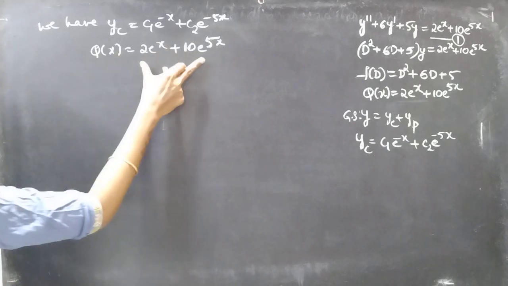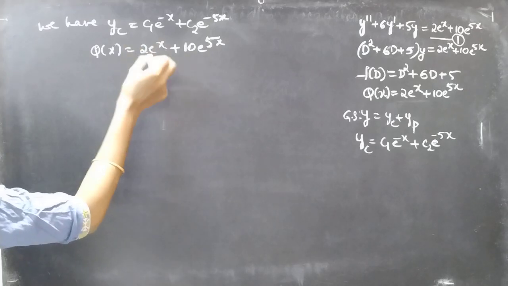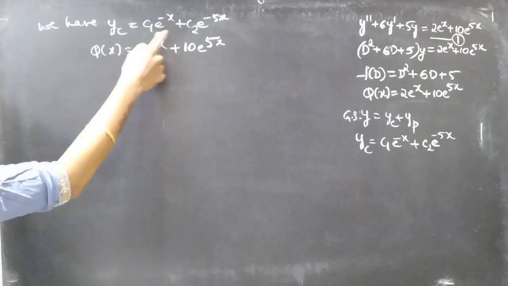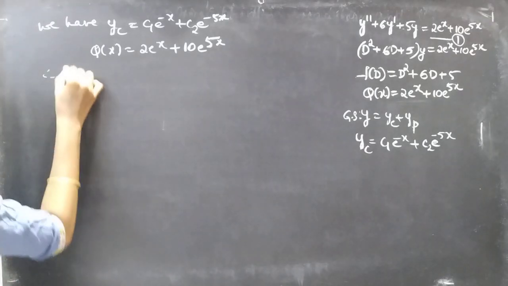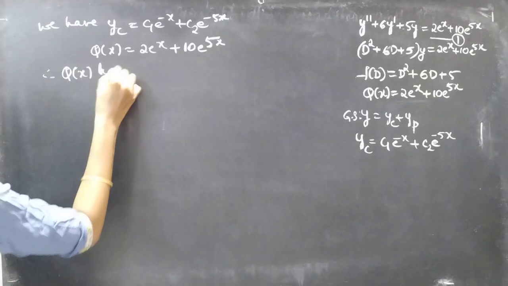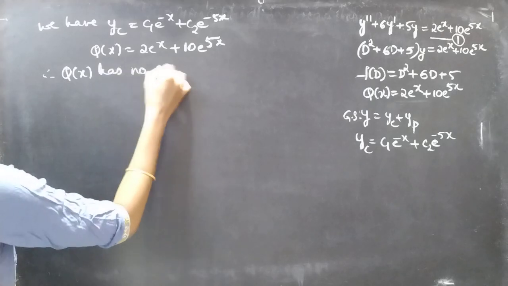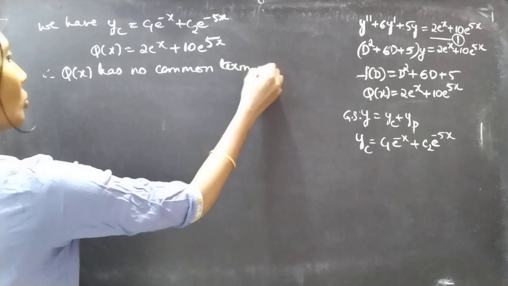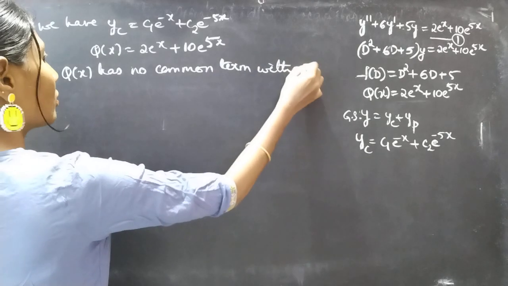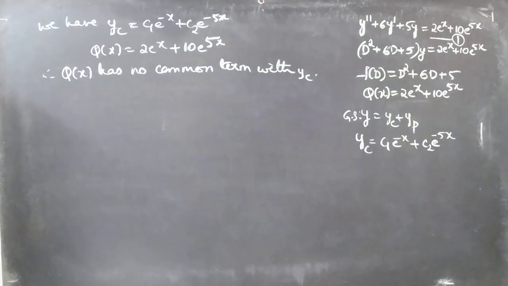That is, the terms of q of x have no common term with yc. Therefore, q of x has no common term with yc, right? Now coming to the yp.